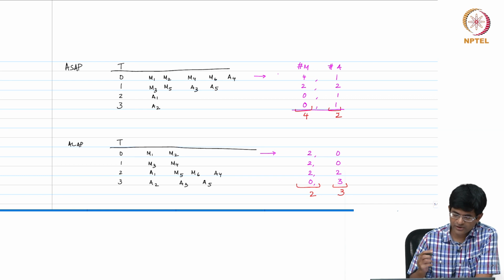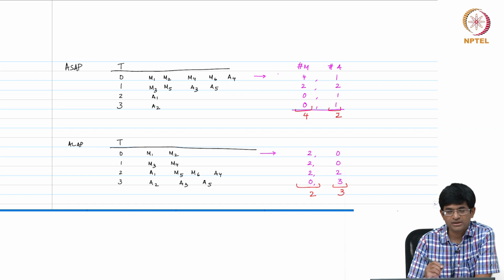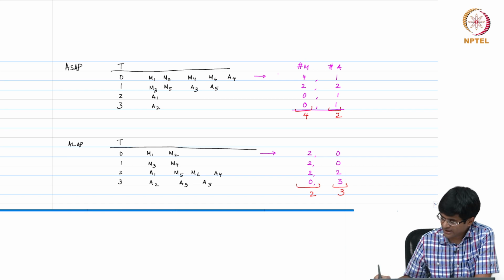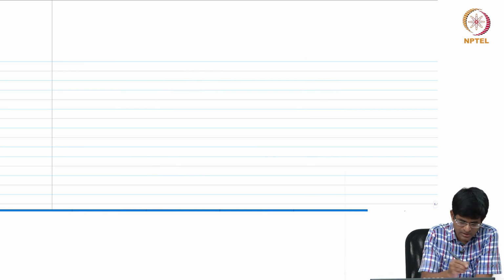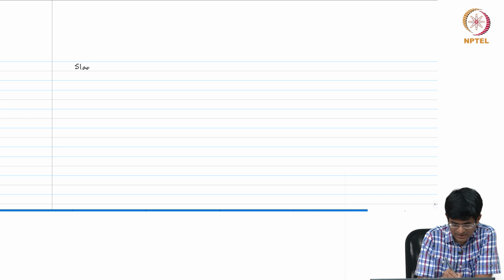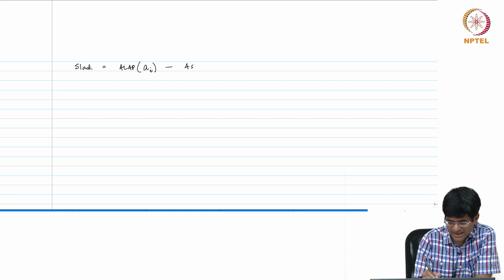The one useful piece of information that does come through because of this is something called the mobility of the operation or the slack of the operation, right? In other words, I can define slack is equal to ALAP time of operation AI minus the ASAP time of operation AI, right?